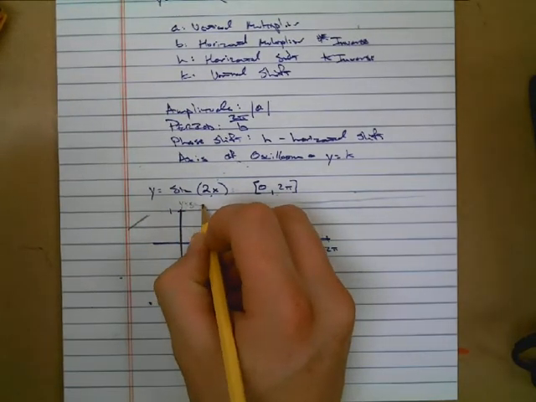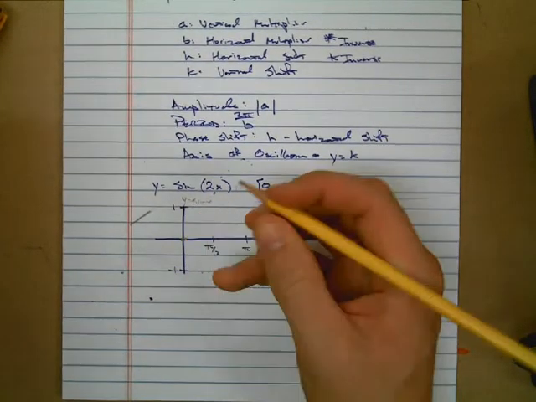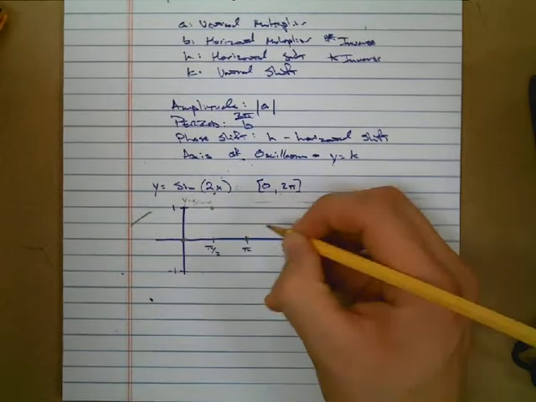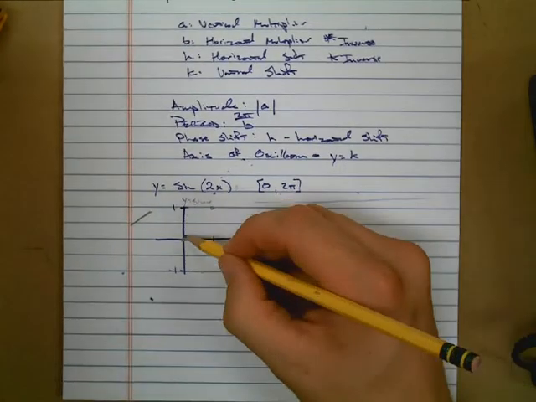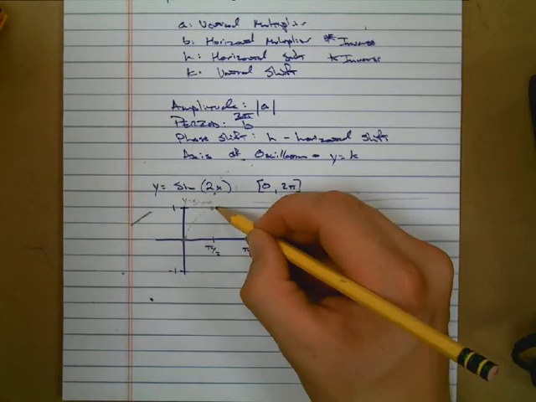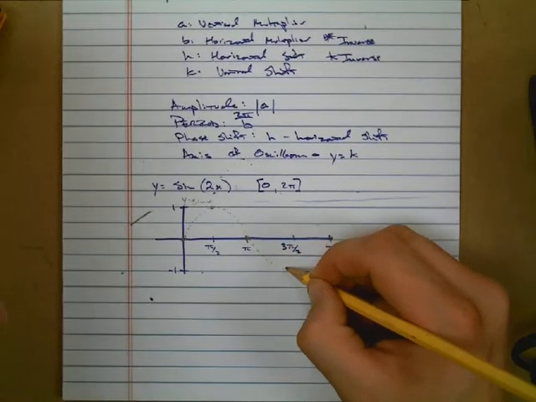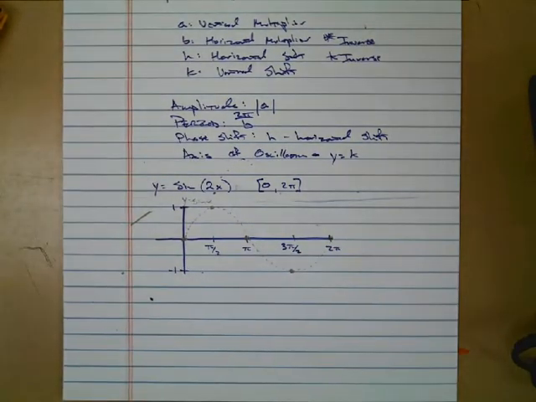And this we're going to call the parent function for all sine functions. Just like any other parent function, it's the function that we can apply transformations to, looks like I need to go a little darker, there we go, that's better, in order to create our entire family of functions.